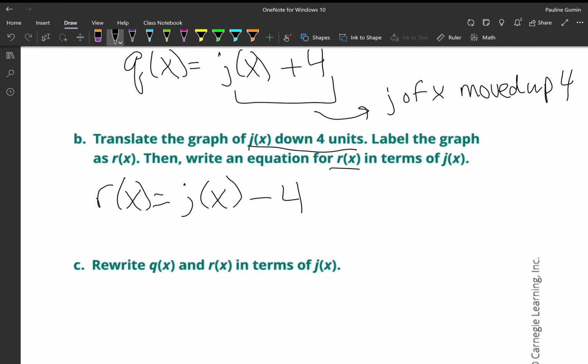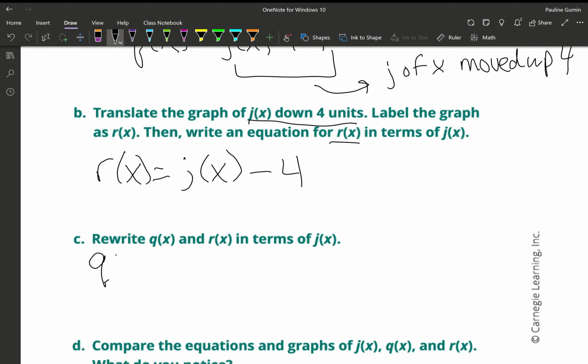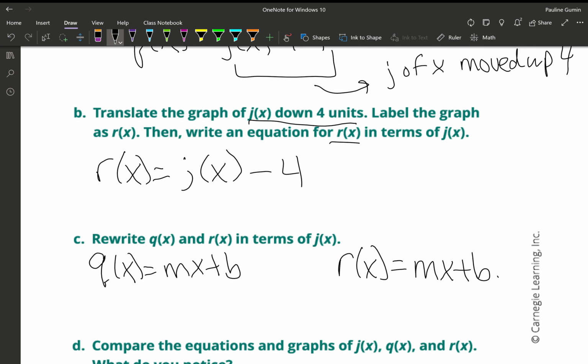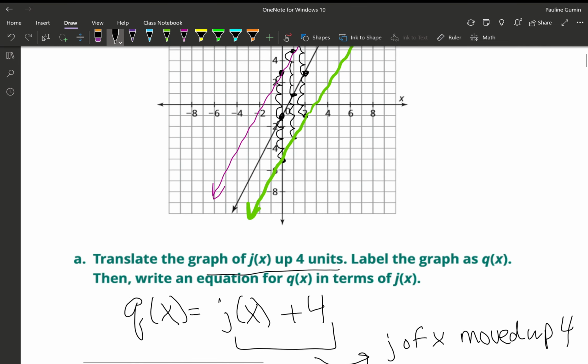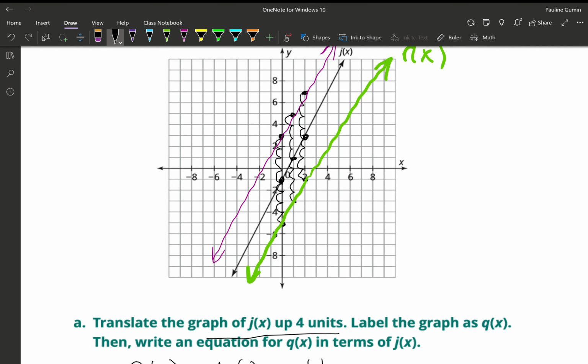Okay. Let's write the equations for q of x and r of x. That's what 4C is asking us. So let's do it. q of x. Remember, it's mx plus b, right? Slope and y-intercept. And r of x is also going to be mx plus b. Okay, let's check it out. q of x, the slope, I'm going to use pink to find the slope.